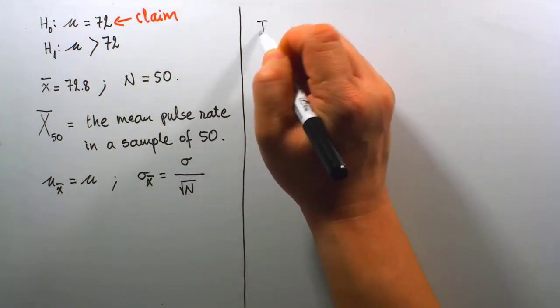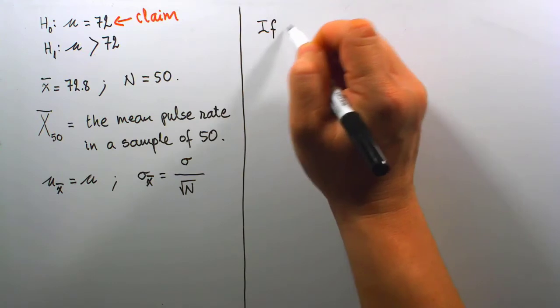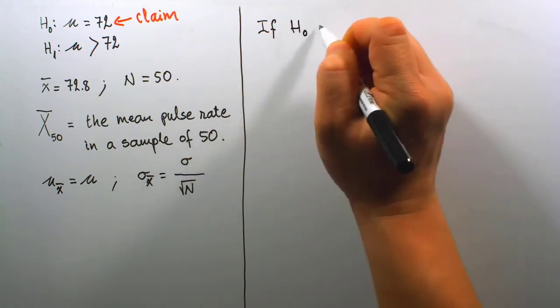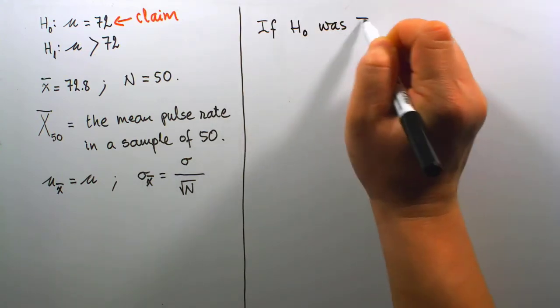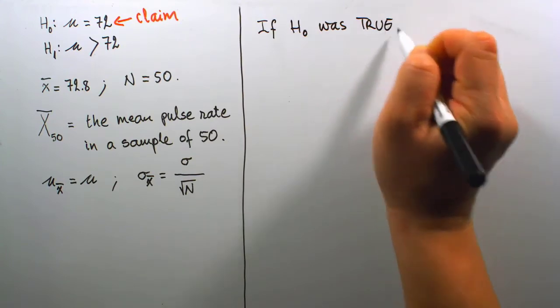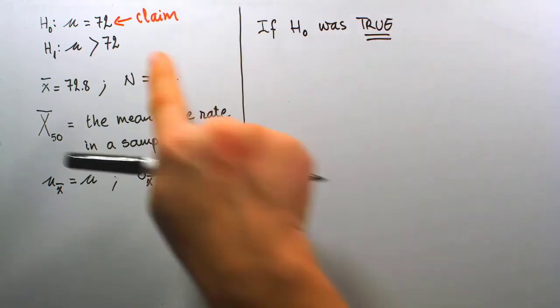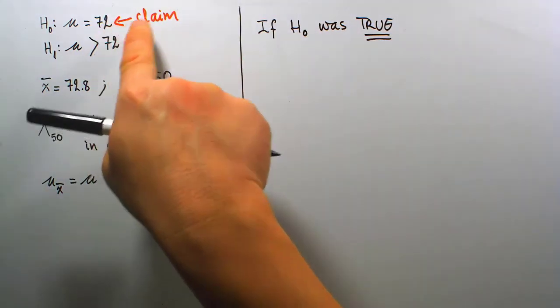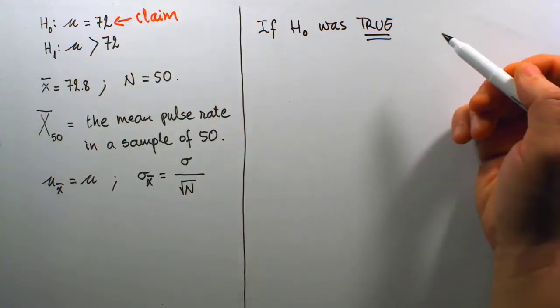If for now we accept H sub 0 to be true, that means we accept this claim value to be true.